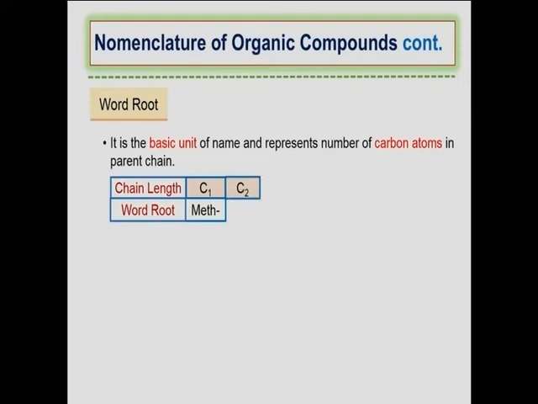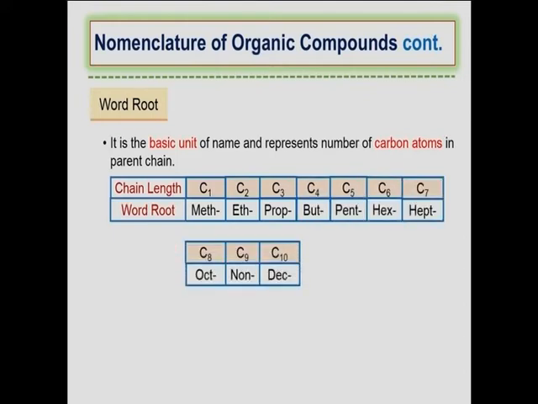If the number of carbon atoms is 2, the word root is eth. If the number of carbons is 3, the word root becomes prop. So it goes but, pent, hex, hept, oct, non, and dec. At your level, till dec is more than enough.